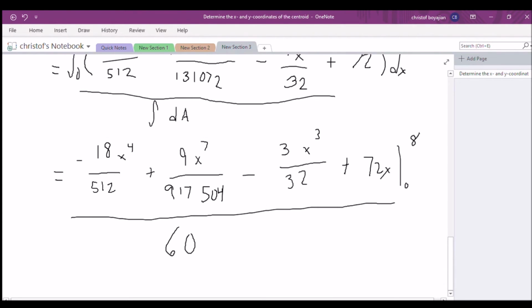Now, this does seem intimidating. I know we have a lot of big numbers, but it's on the denominator. So when you evaluate this, it shouldn't be too big of a number in the numerator.